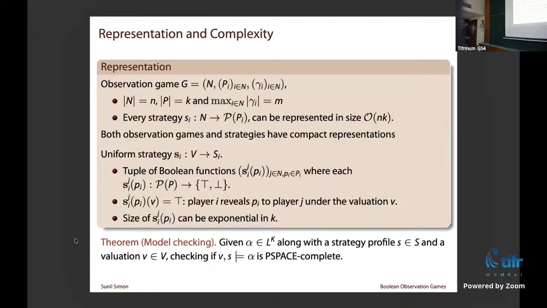If you look at standard modal logic like S5, model checking is polynomial time. The reason why this becomes difficult here is that in modal logic, typically you have a transition system. Here we don't have the transition system explicitly, we just have one valuation. So the Kripke structure is not explicitly part of the input, and that is the reason why this becomes a harder problem.